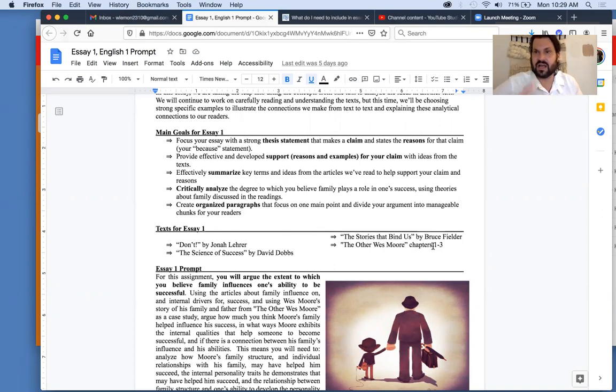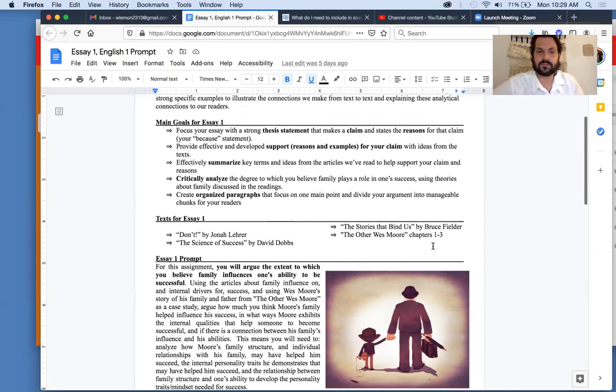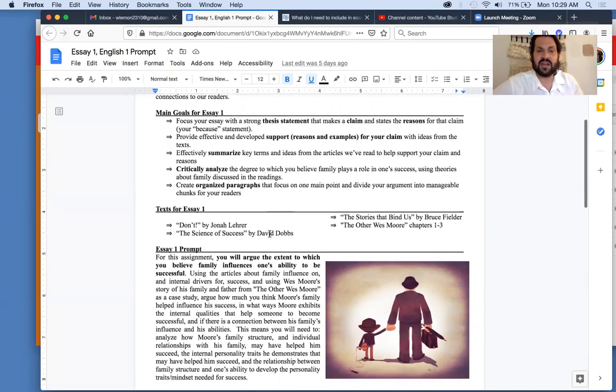But it's just chapters 1 through 3. I know that sounds like a lot, but they're pretty short chapters. The other readings are various essays that I've embedded in the course as well, and we're going to be using these to help support our thesis statement.